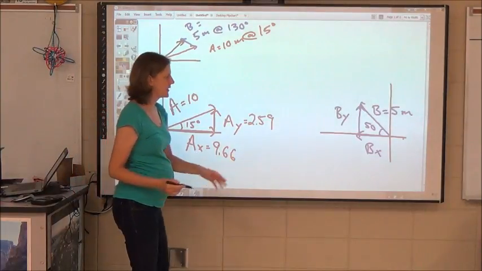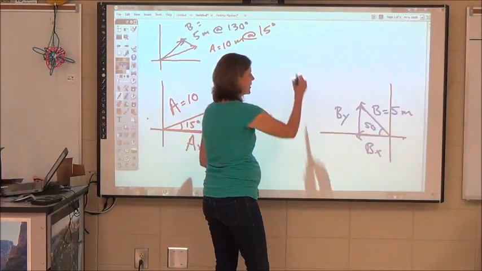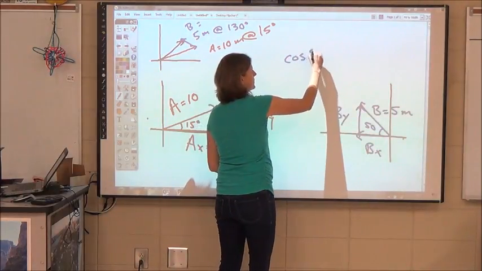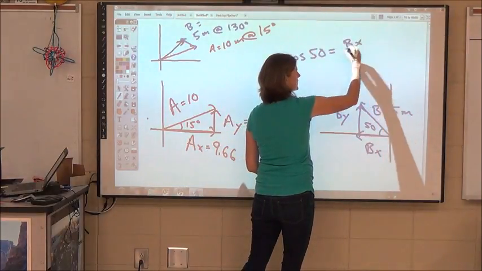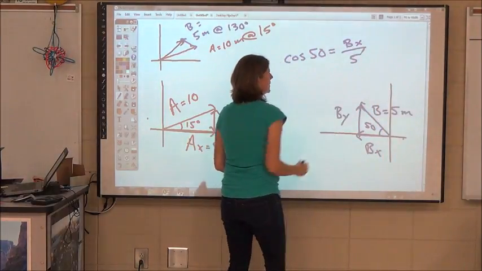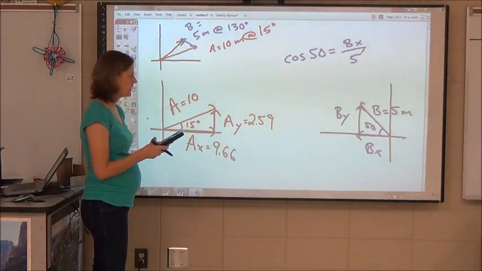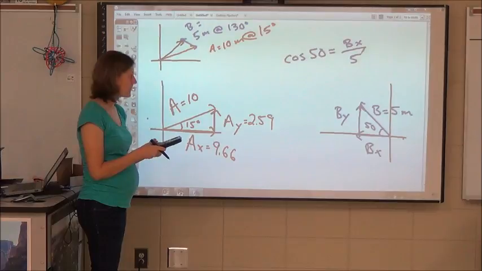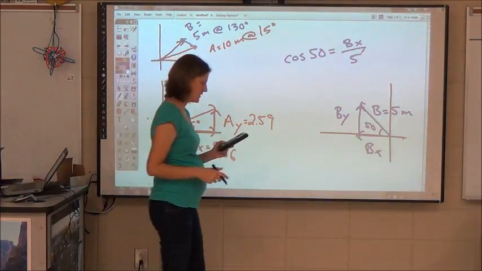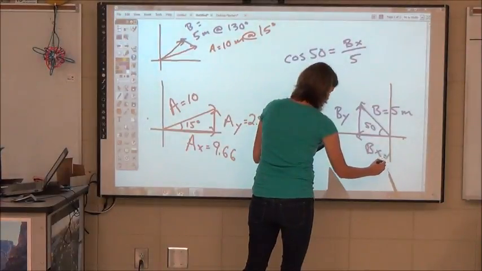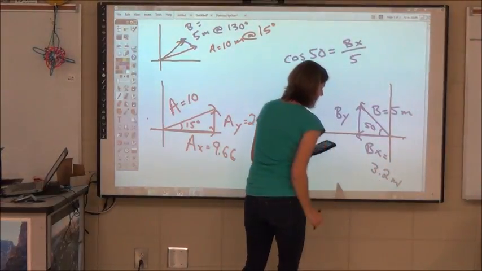All right, back to my trig. BX is again going to be the adjacent side, so that's what I want to do. Cosine. Cosine of 50 equals BX over 5. So that would give me 3.2 meters.